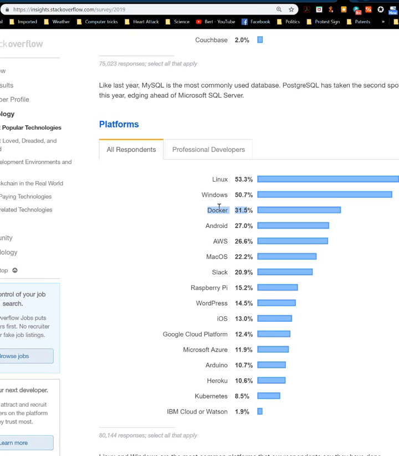So again, is it a real platform? I don't know. I think that's like a programming deployment technology or whatever. It's not like an operating system, but anyway, Android, okay, so that's like 27%, and then you've got iOS down here, Amazon Web Services as a platform, okay, macOS, alright, Slack, I don't know why that's here.